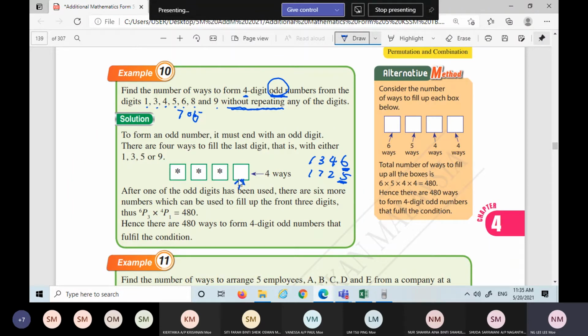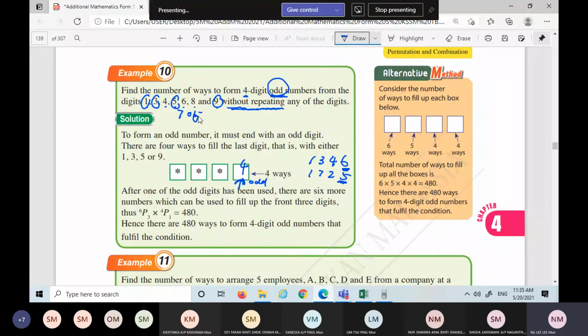So now we see. This one, how many ways can we put in? I have to only choose an odd digit. So this one is odd, and how many choices can I put in? 1 2 3 4. So here is 4 ways. After I put in 1 digit, these 3 don't matter already.